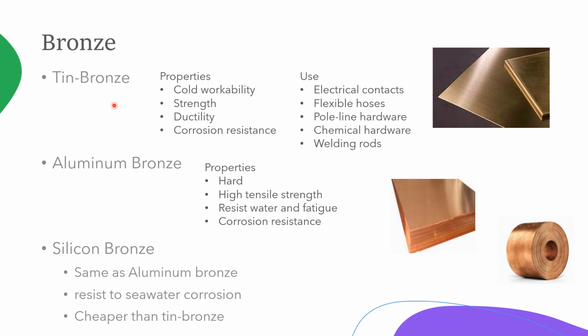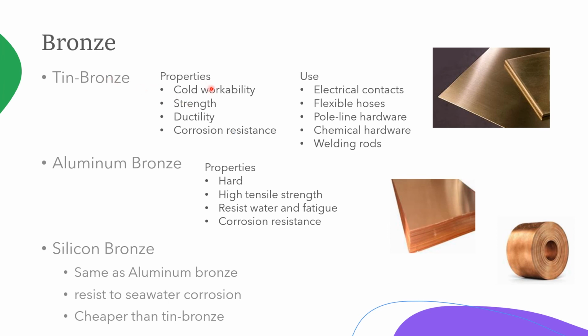Bronze. So we have tin, aluminum, and silicon. Telling you the same thing. But here we put them in a different group so you can understand how they're different. So tin bronze, looking at the properties here closely instead of the composition in previous slides.